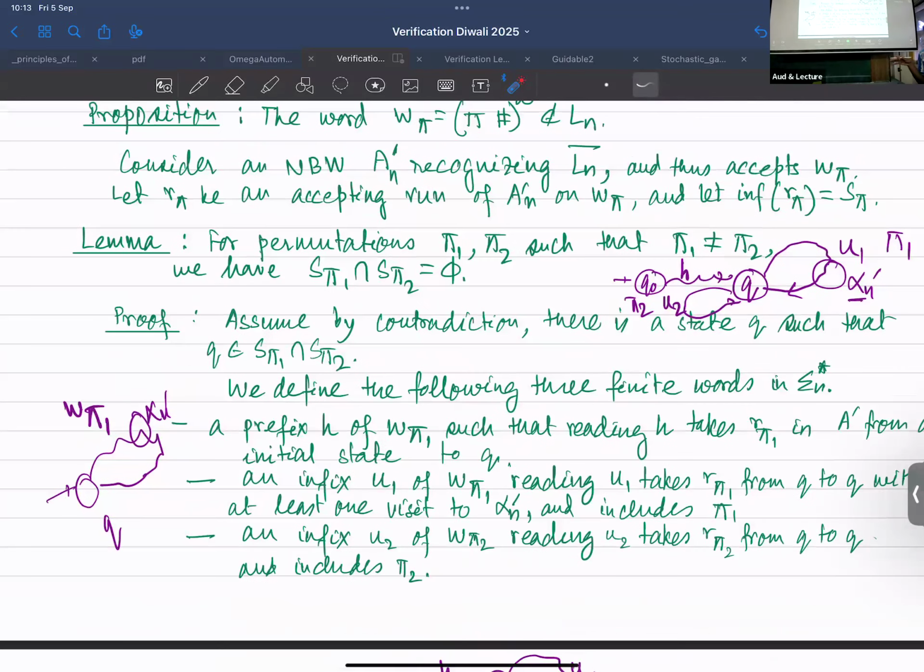For every permutation, the set of states visited infinitely often should be disjoint. For a pair of permutations, the sets of states visited should be disjoint, and hence any such automaton which accepts the complement of the language Ln should have at least n factorial states.